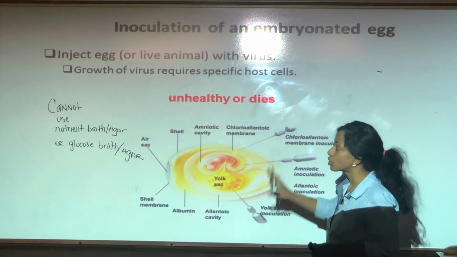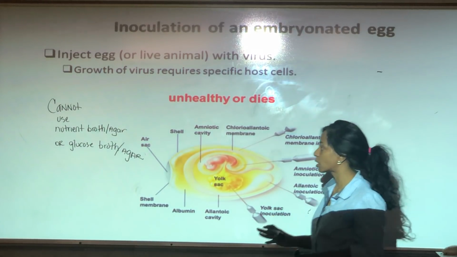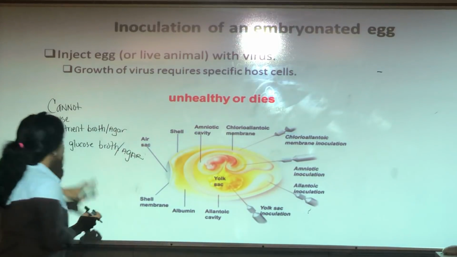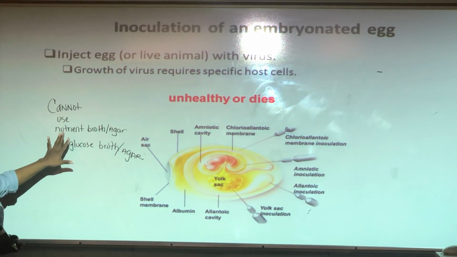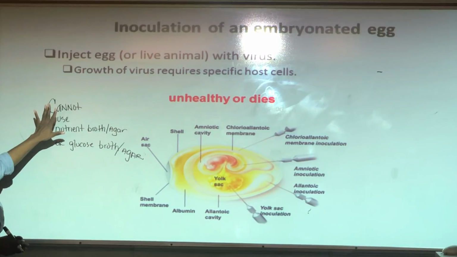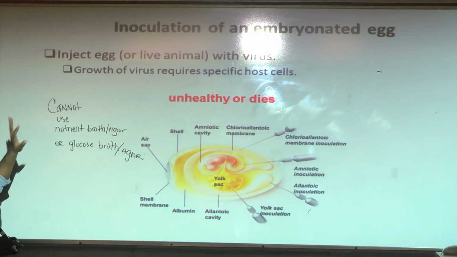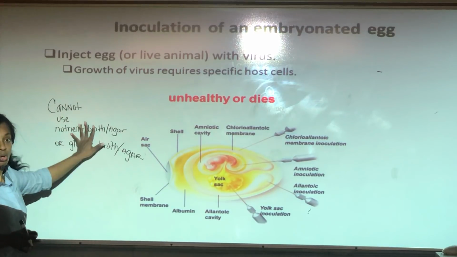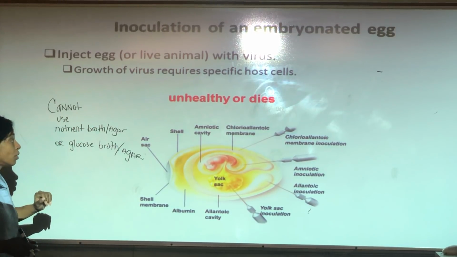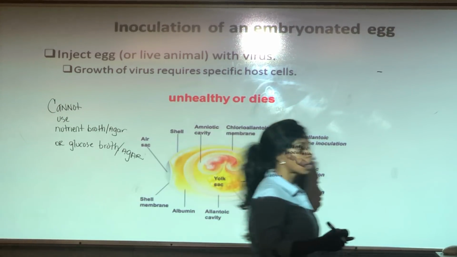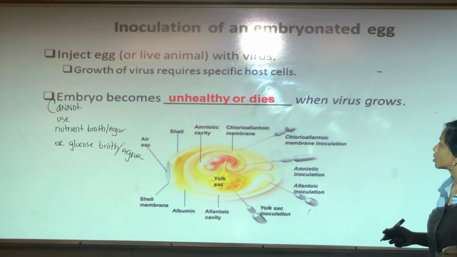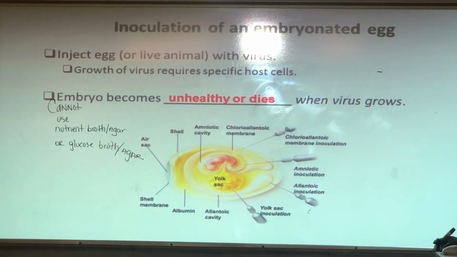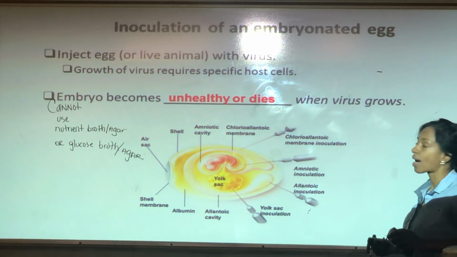Again, in order to grow viruses, you need host cells. You cannot use nutrient broth or glucose broth or their agar constituents, because inside of these there are no host cells, so this will not work. If we use an actual embryonated egg or animal, we can see signs when the viruses grow.